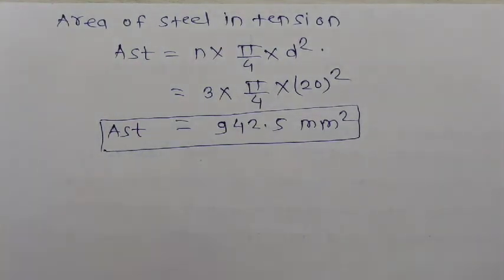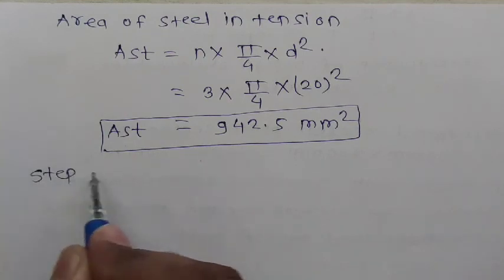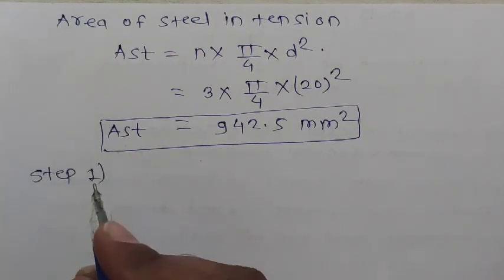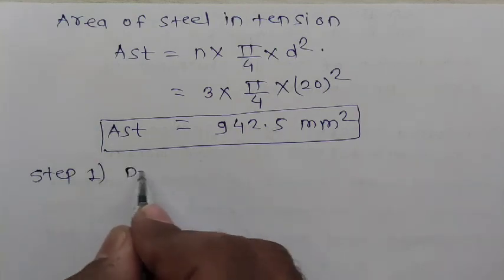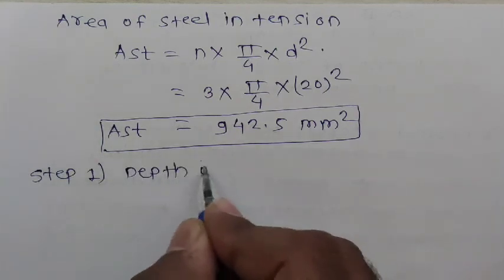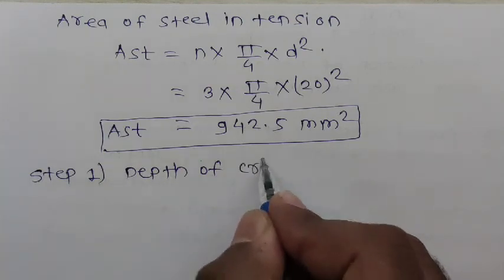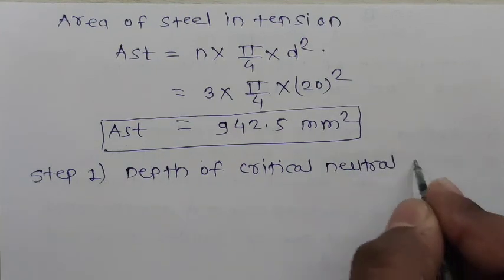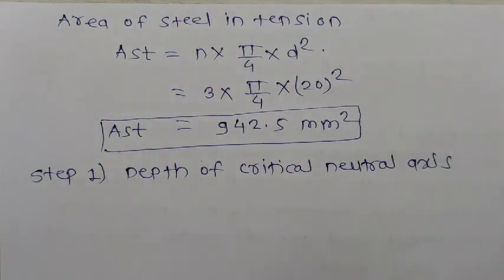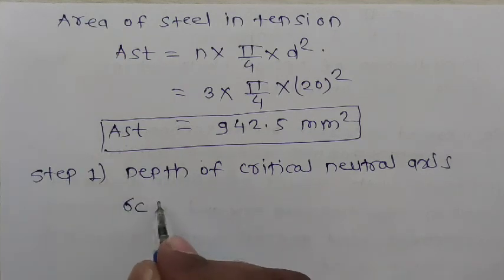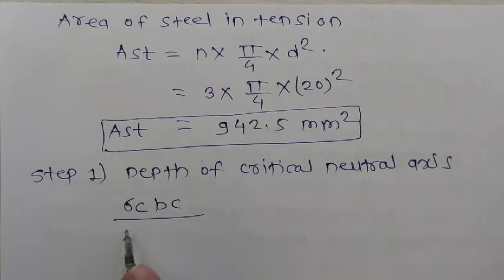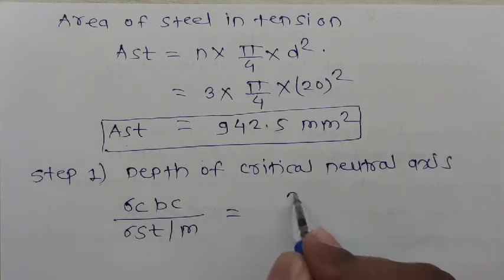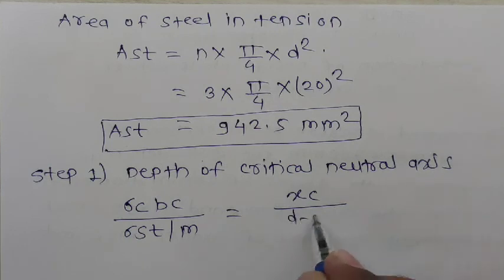Then step number 1 is the depth of critical neutral axis. Depth of critical neutral axis: sigma CBC divided by sigma ST upon m is equal to XC upon D minus XC.